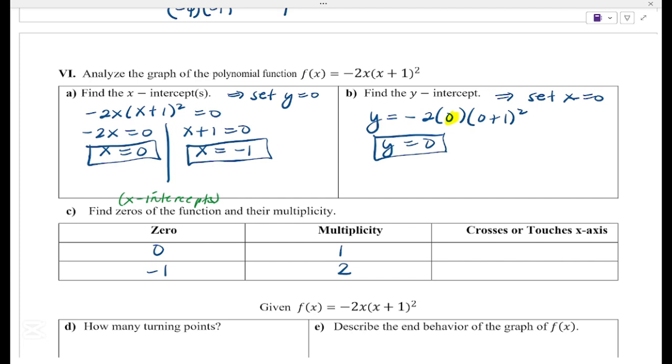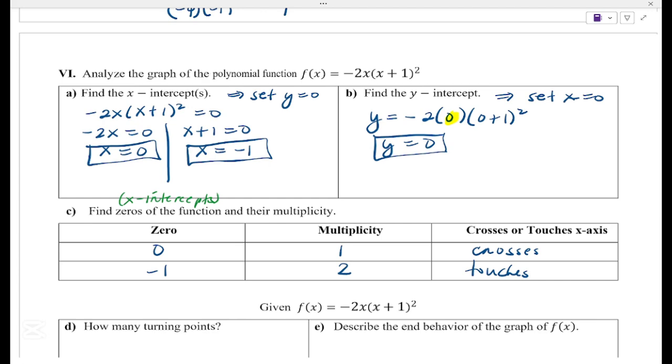If the multiplicity is 1, it means that the graph crosses the x-axis, and when the multiplicity is 2, it means that the graph touches the x-axis.